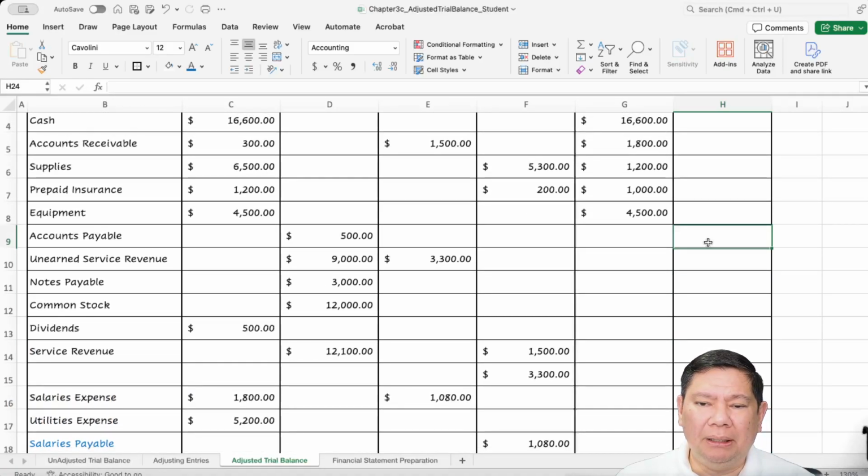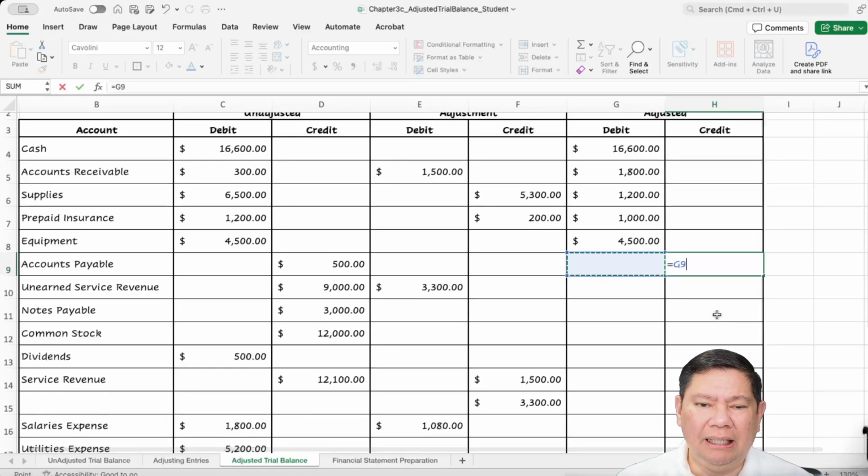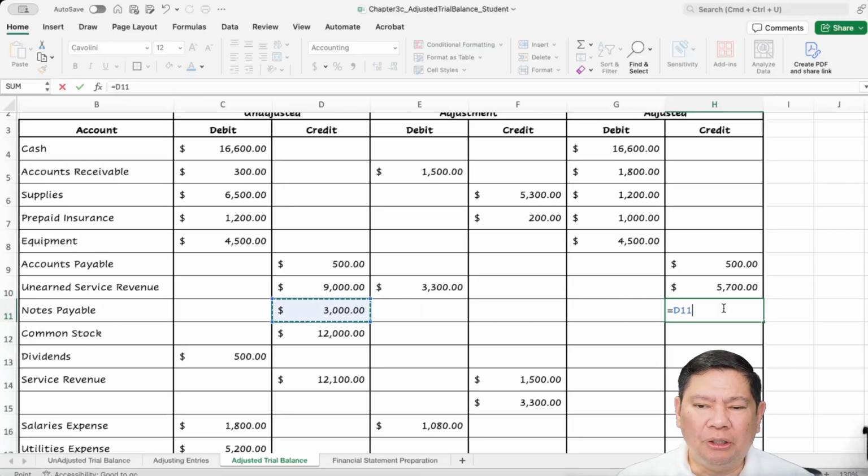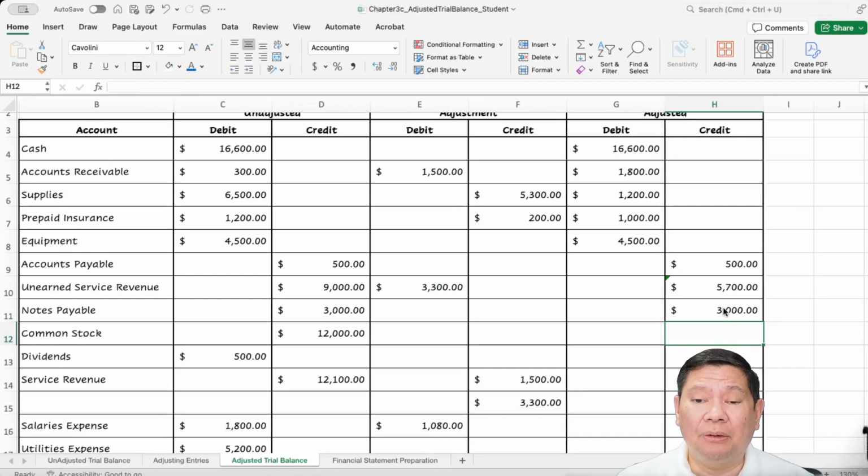Accounts payable is not adjusted. Unearned service revenue is adjusted by $3,300. Now it's only $5,700. No adjustment for the notes payable. We did calculate the interest expense for the notes payable, but not the notes payable itself.